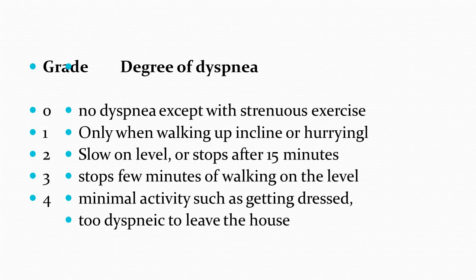The dyspnea can be graded by numbers: 0, no dyspnea; 1, only when walking; 2, slow level walking and stops after 15 minutes; 3, stops after 15 minutes of walking on a level; 4, minimal activities such as getting dressed; and 5, too dyspneic to leave the house.